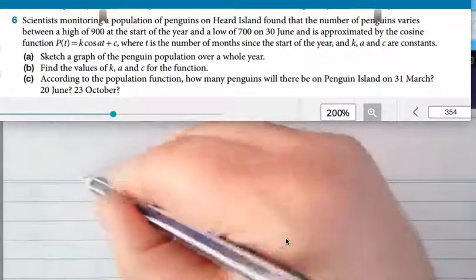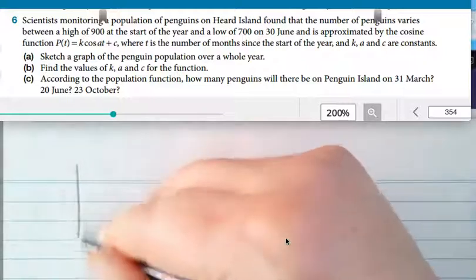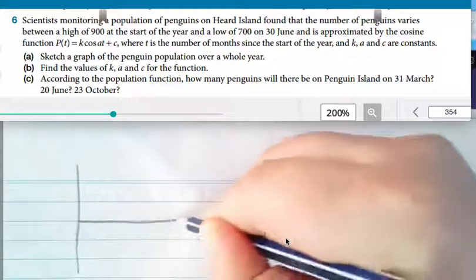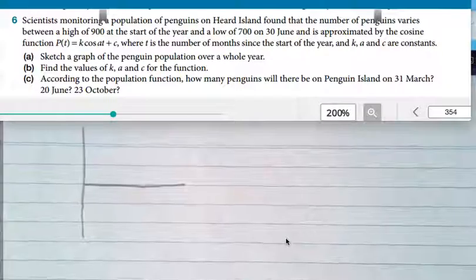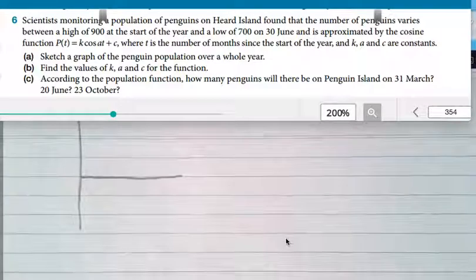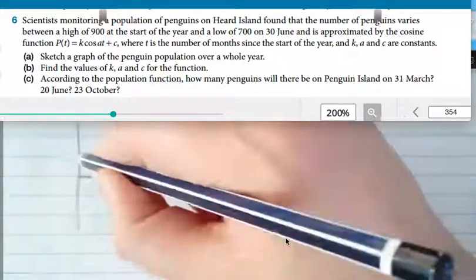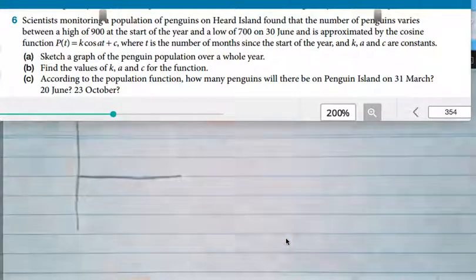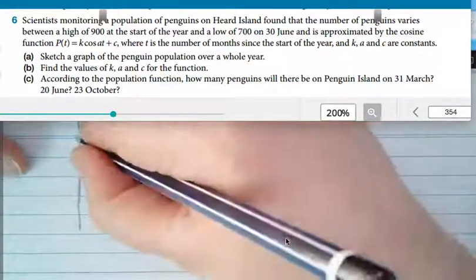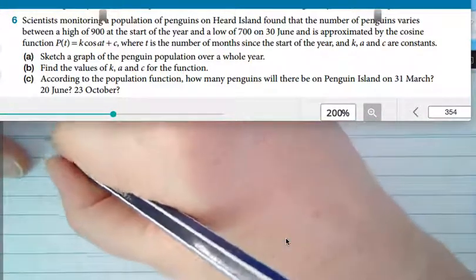So, what do we got? Cosine curve, they said. What's the high? And what's the low? I know I've got this in the middle of my graph. It should be dotted. I'm going to go 900.